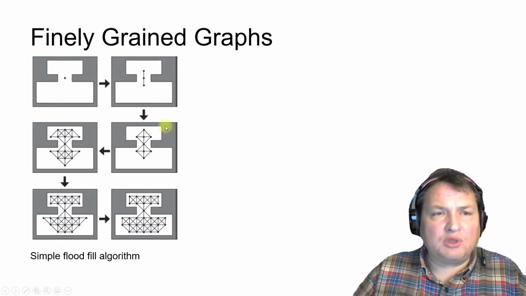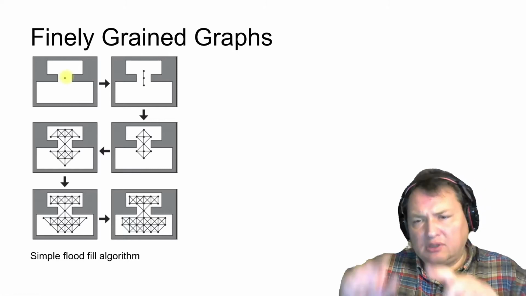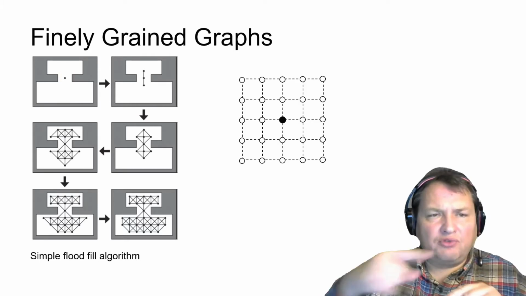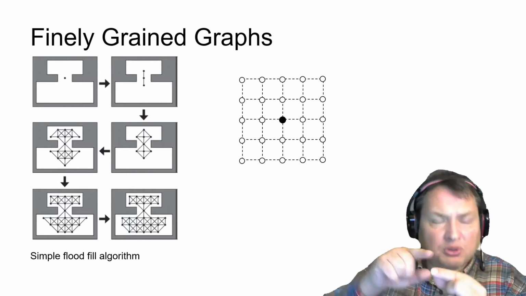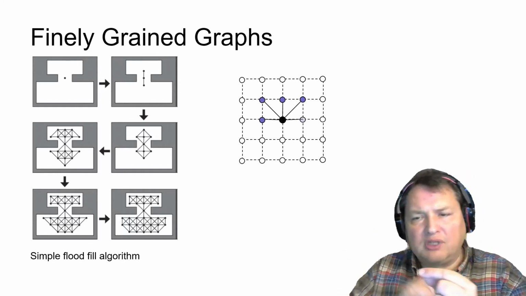In this algorithm, we start from a single node somewhere. And then let's just imagine that we have a square grid over this level. With this square grid, we can analyze all the possible neighbors. 1, 2, 3, 4, 5, 6, 7, 8.